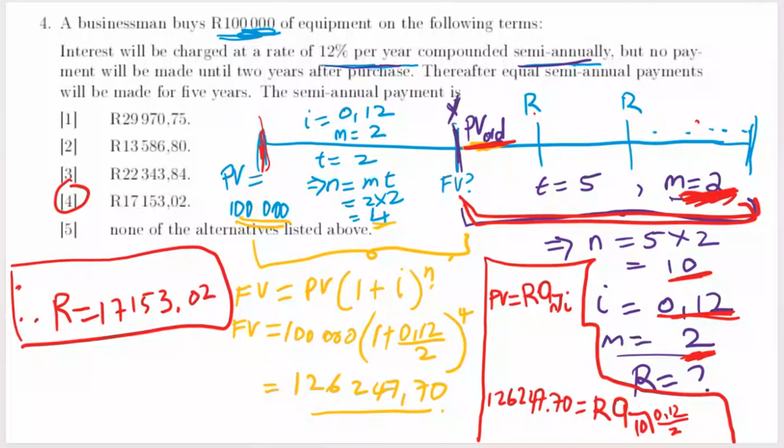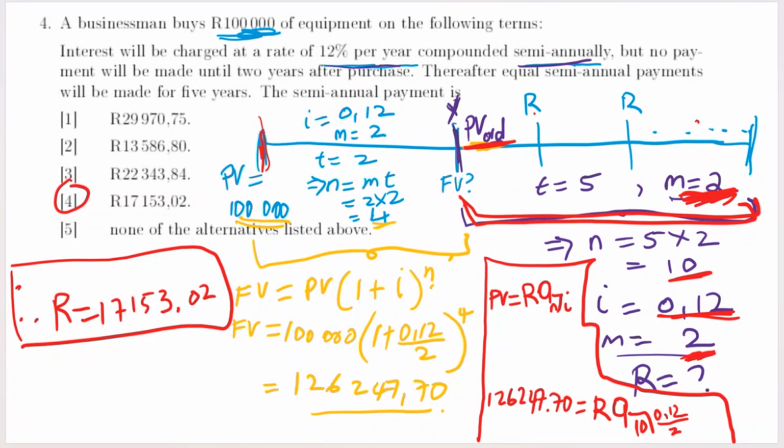So then you can see how to manipulate. The issue here is manipulating the components of what you are given. That is mostly the questions that you can expect on annuities. Do expect a question on deferred annuity.